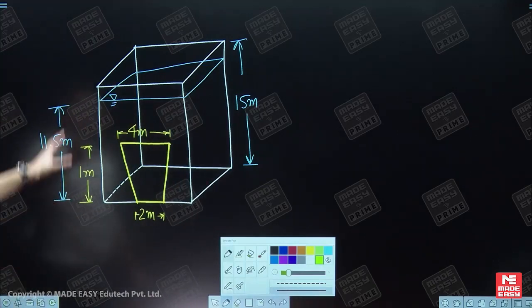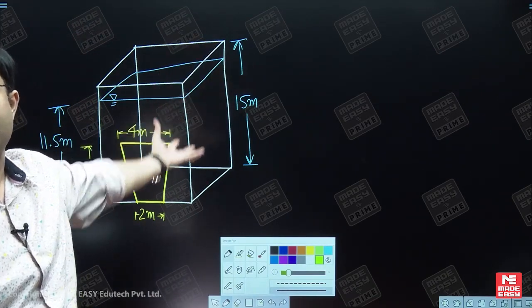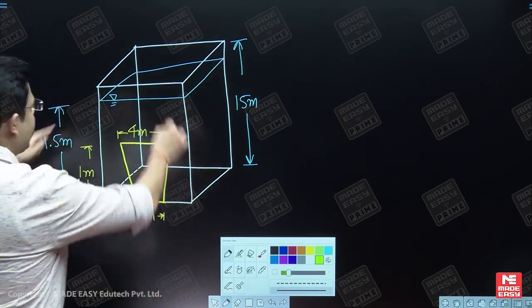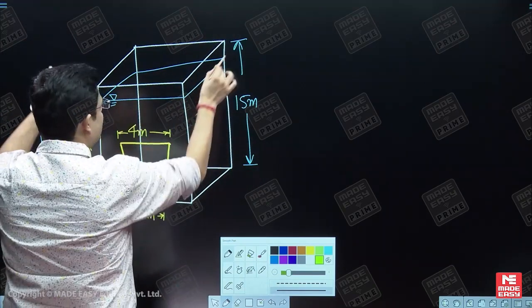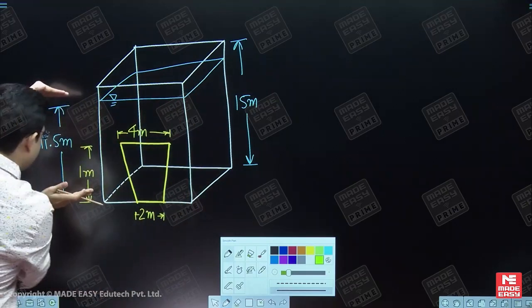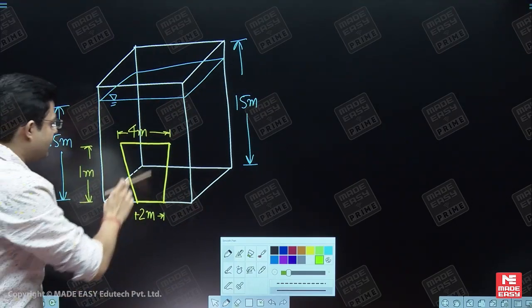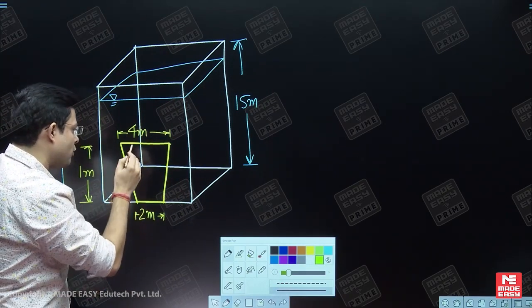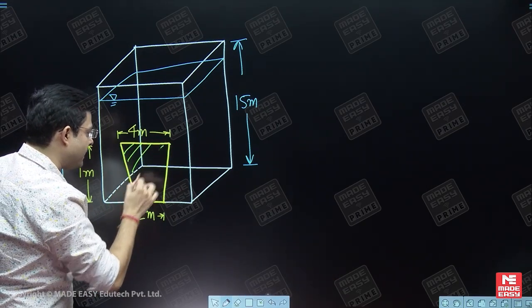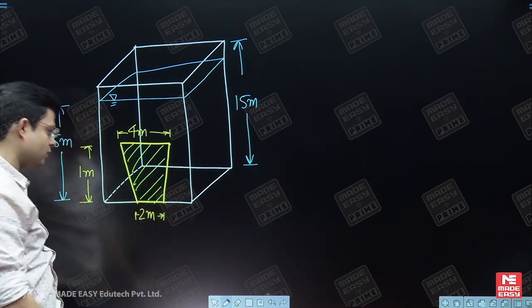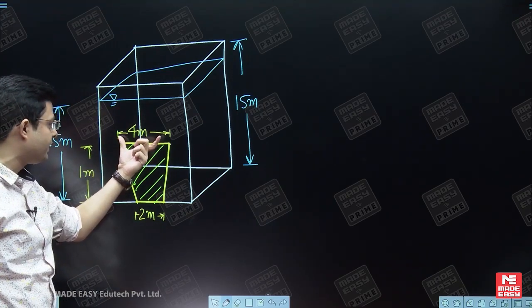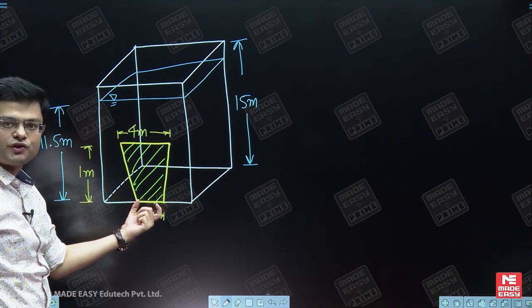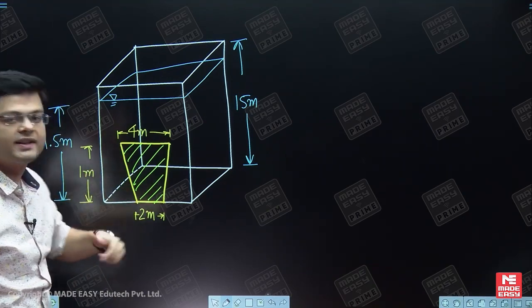So this is the rough diagram that I have already made on the board. The total height of the tank is 15 meter. It is containing water, you can see, up to a level of 11.5 meter. And there is this trapezoidal opening. For this trapezoidal opening, the top width is 4 meter, the bottom width is 2 meter, and the height is 1 meter.